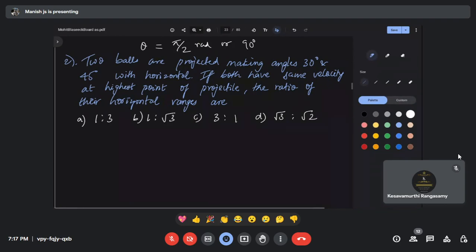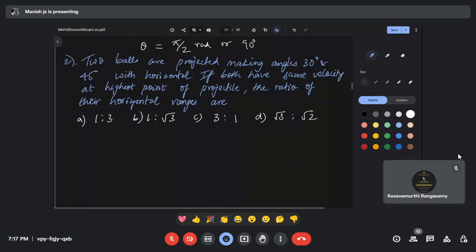So you have to use the relation for the horizontal range of the projectile. It's projected from the ground level. So what is the formula for horizontal range? U square sine 2 theta by g. Correct.